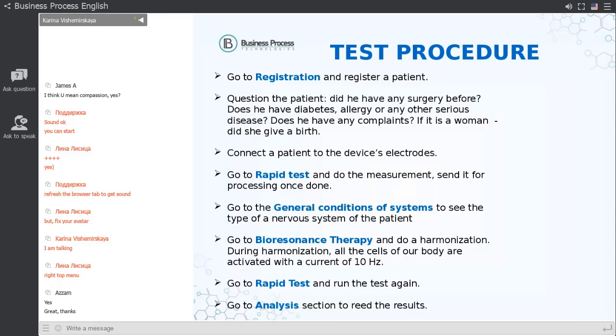We need to ask about the surgery because there are some situations when an organ was eliminated. When you do a diagnostic, the segment will not disappear if the organ is not present. We will see this segment on the diagram because, as I told you before, the fact that we measure a segment is very important, and one segment has different tissues inside: nerves, canals, blood vessels, hormones. It has muscles around. So it's a big structure.